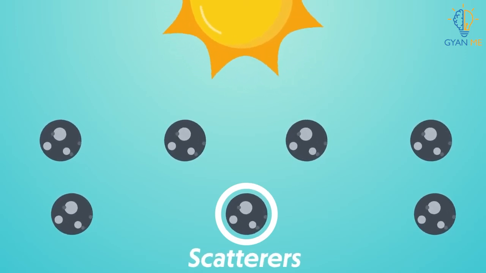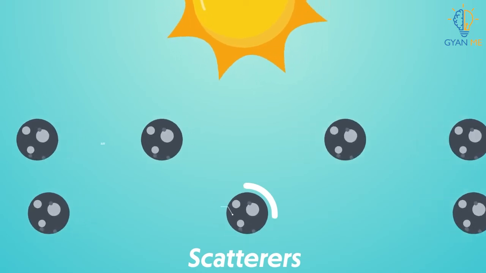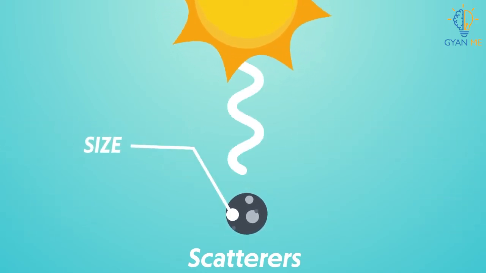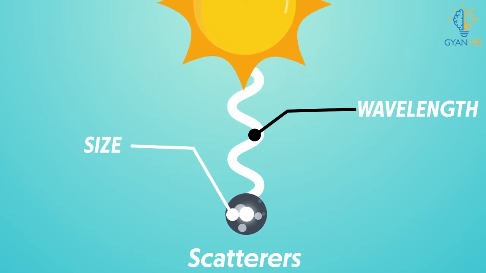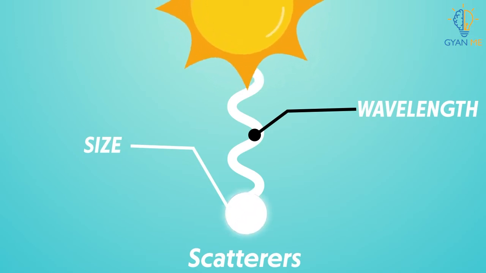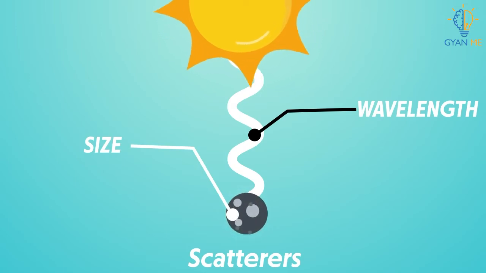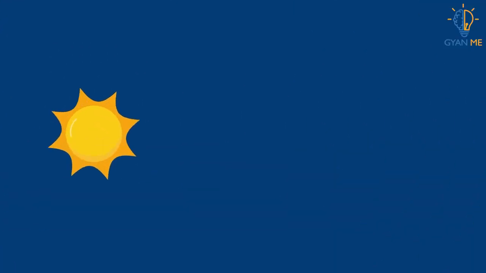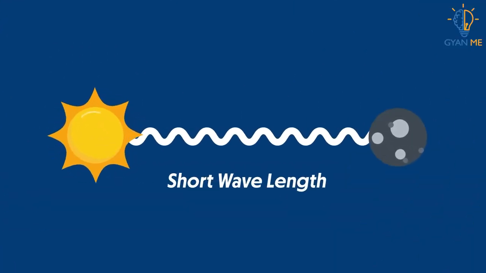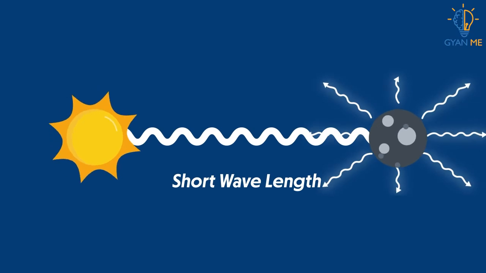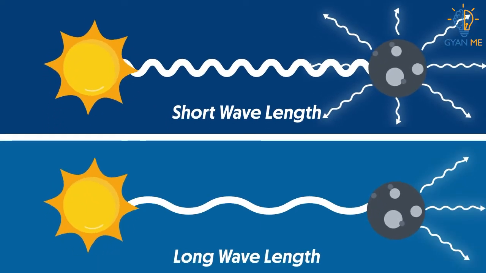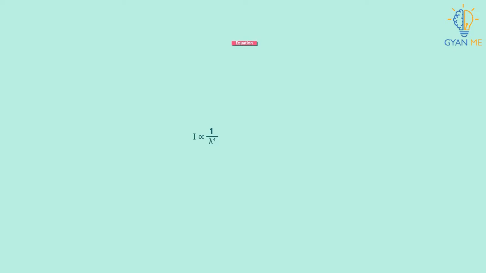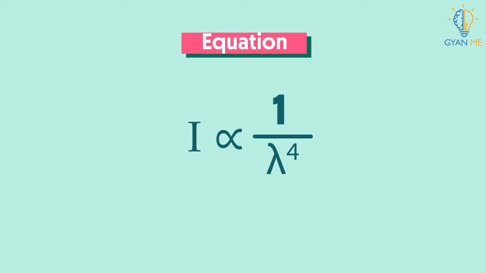The amount of scattered light depends on the size of particles and the wavelength of the light, right? Yes, absolutely. We will discuss them in detail in our next video. But for now, remember that shorter wavelengths scatter more. On the other hand, longer wavelengths scatter less. This fact can be put into an equation like this.